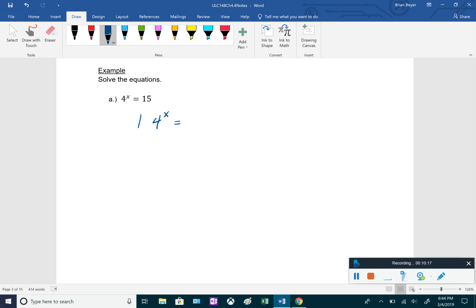So ln(4^x) = ln(15). Next step, we're going to use the power rule. Remember, for the power rule, we bring down that exponent that's inside the input for the log. So it's x times ln(4) = ln(15).